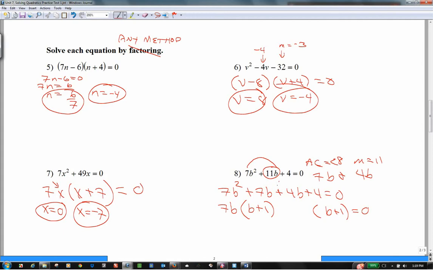And that would have to have a 4 factored out, plus 4. So 7b plus 4 times b plus 1 equal to 0. b is equal to a negative 4/7. b is equal to a negative 1.